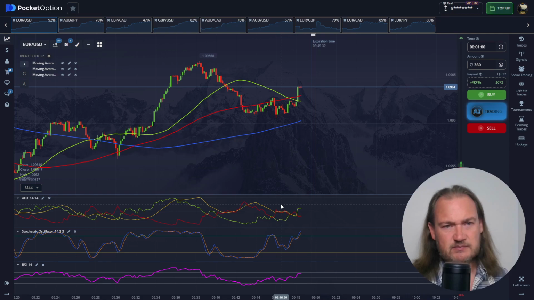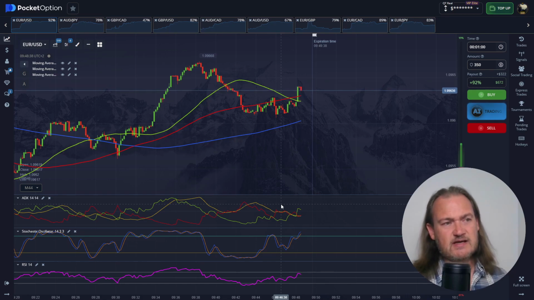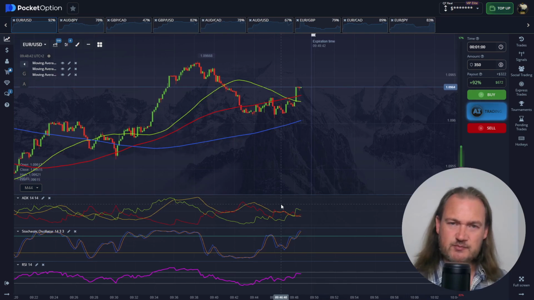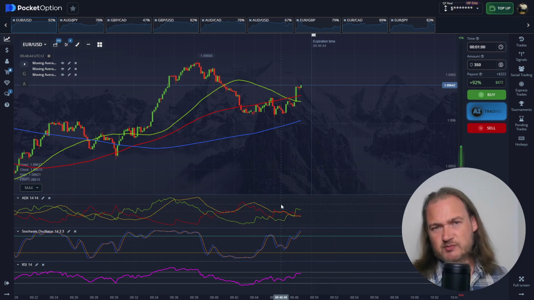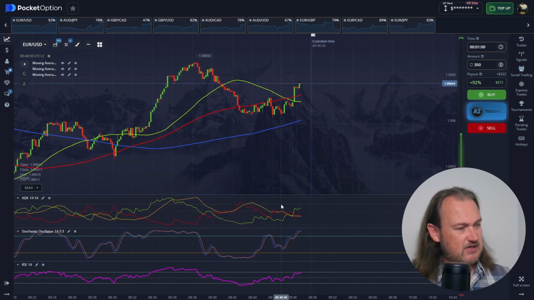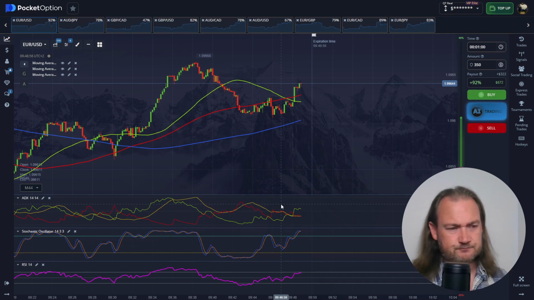You cannot interpret data that you don't understand, and that's basically what we're doing. We've got indicators on our charts giving us data back, and we have to interpret that data to determine entry points for our trades. Okay, so yes, we've got the ADX. Where was I? We've got the stochastic oscillator, and I've got the RSI. These are both on default values.